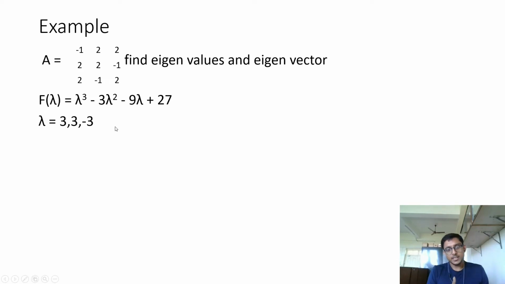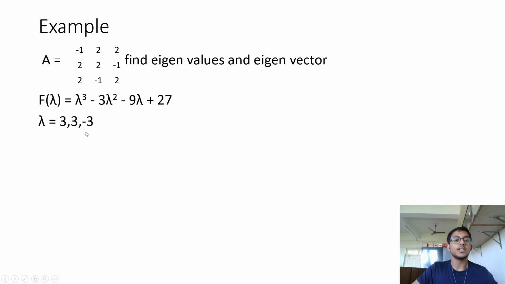Now here's one interesting thing to note. Sometimes when eigenvalues repeat themselves, they may have only one independent eigenvector. But there are some cases, in fact many cases, when one eigenvalue can have multiple independent eigenvectors.